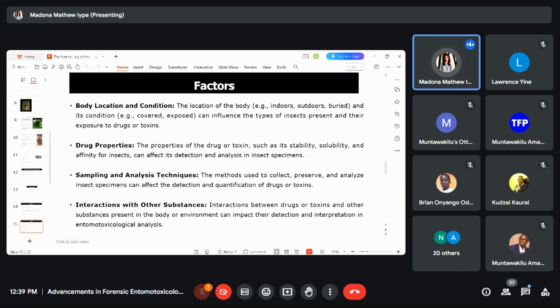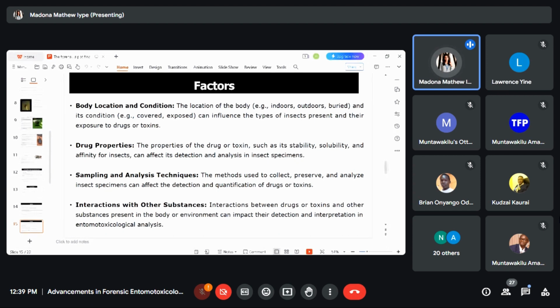The methods used to collect, preserve, and analyze insect specimens can also affect the detection and quantification of drugs or toxins, along with the analysis techniques, because there are a number of traditional techniques which might work for few insects or specimens and which won't work for others. Insect evidence is limited, and we don't have time for all the trial and error methods, so it will again be a difficulty.